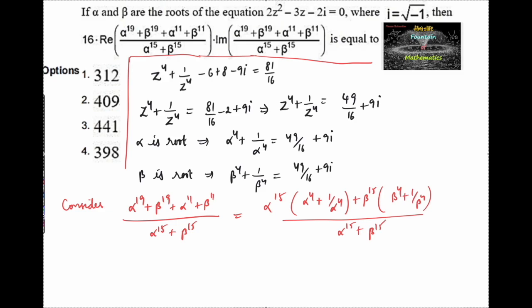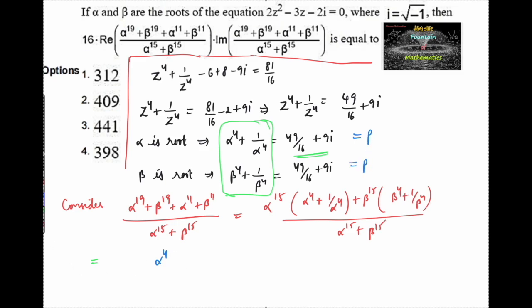And we know that α^4 + 1/α^4 and β^4 + 1/β^4 are both the same. So I can take it out and simplify; let us consider it to be something, p.